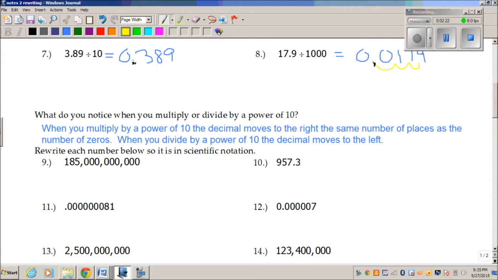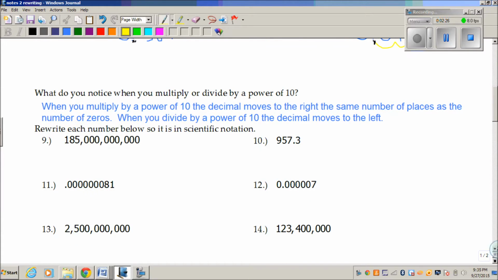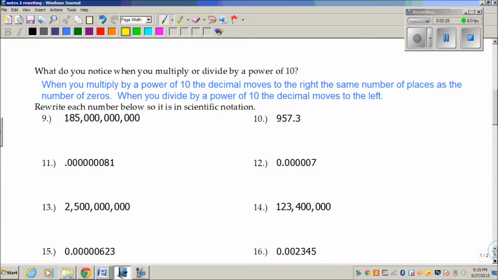It says rewrite each number below so it's in scientific notation, because right now they're in standard form. So we're going to rewrite them in scientific notation. For example, the first one, number 9, we know that we have to put the decimal after the first non-zero digit. So I'm going to write 1.85 times 10.